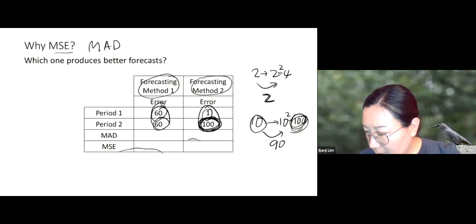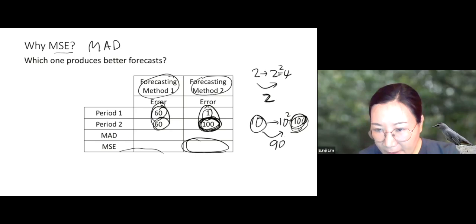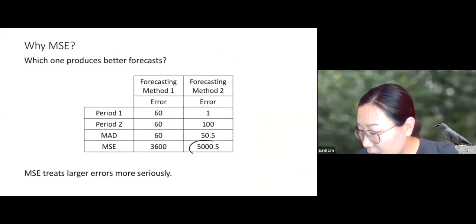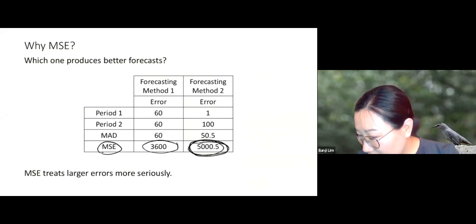So according to MSE, the second forecasting method will have a much larger error. If you actually compute the MSE, the second method has a much larger MSE than the first one. But if you compute MAD, the first one actually has a larger error.